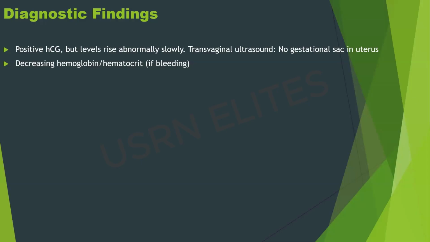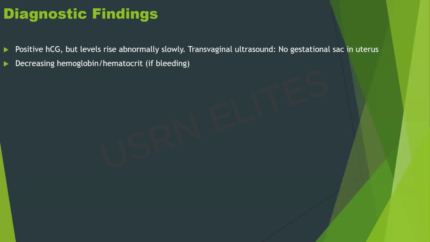But if the patient is not bleeding, just like with ectopic, this one will not be indicated. The only thing that will let you know that the patient is having a ruptured ectopic is when the patient is having shoulder pain.